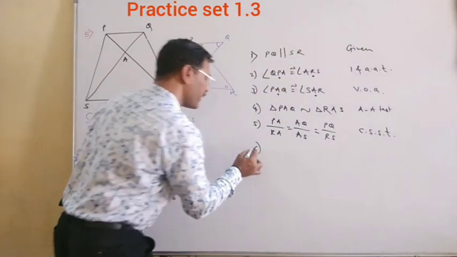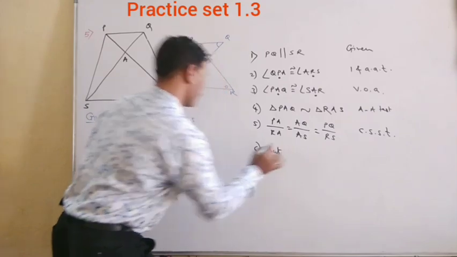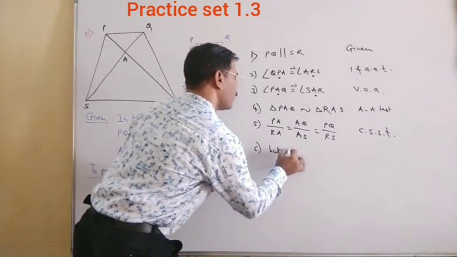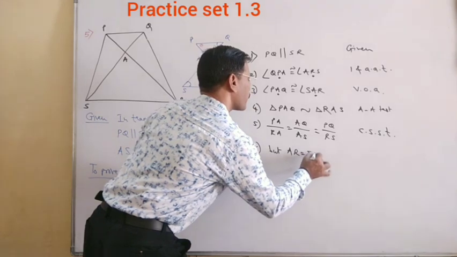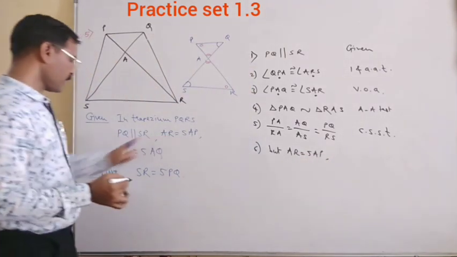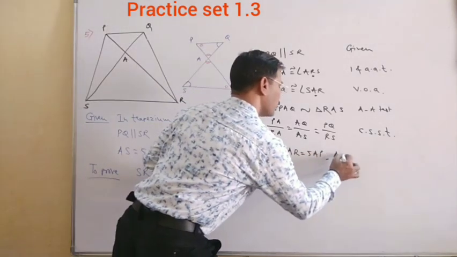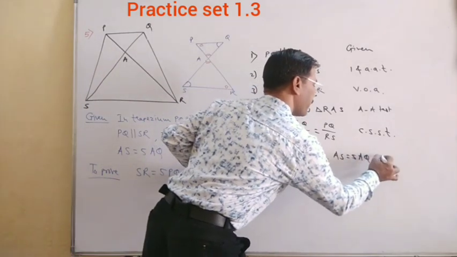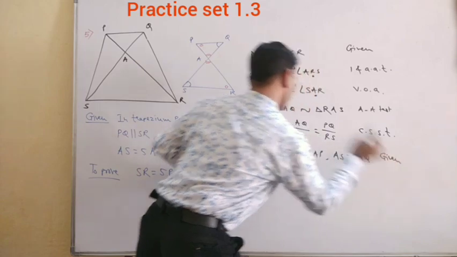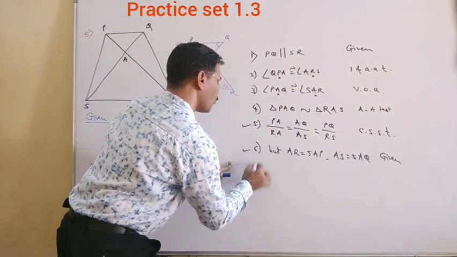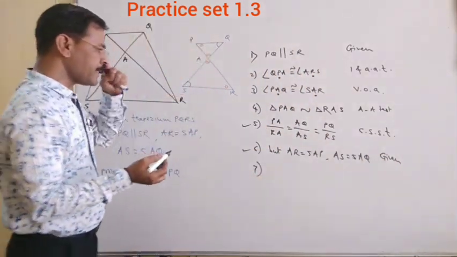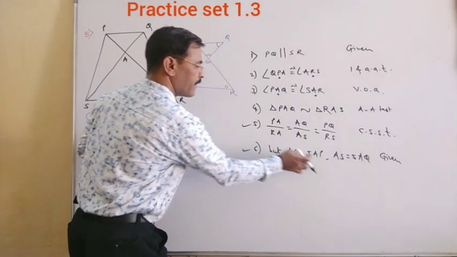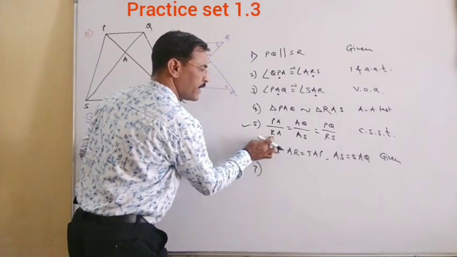But now they have given us that AR is equal to 5 times AP and AS is equal to 5 times AQ. This particular part is given. So now, what does it tell us? Where it is AR, here it is AR. We can write here 5 times AP.